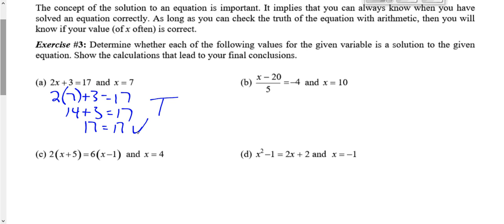So if we plug in 10, you'd have 10 minus 20 over 5 equals -4. Right? 10 minus 4 is 6. No wait, -10 over 5 equals -2. -2 does not equal -4. So false. Okay? You get the idea.